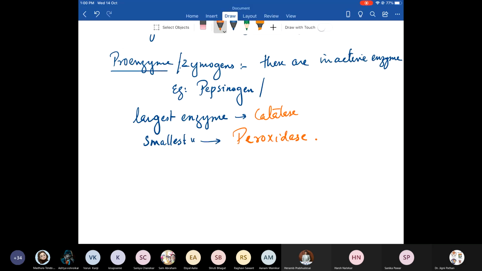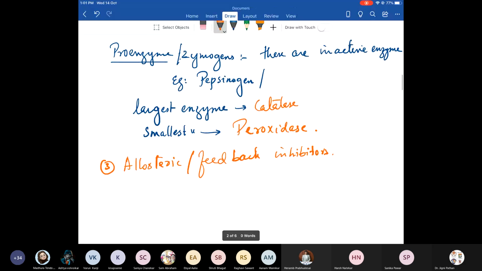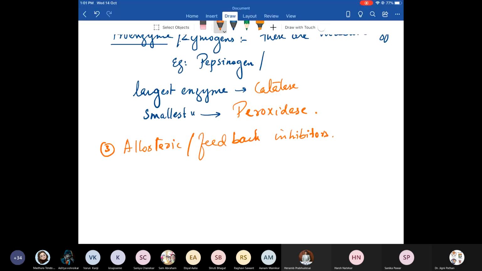Next, the third one. There is competitive, non-competitive, and also one more called allosteric or feedback inhibitors. Here write down example.